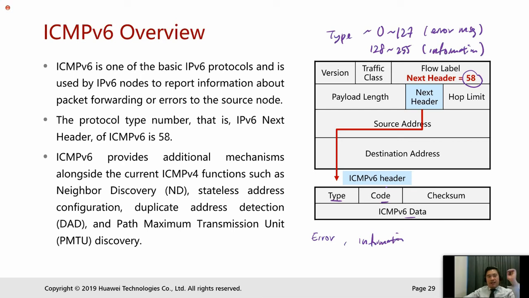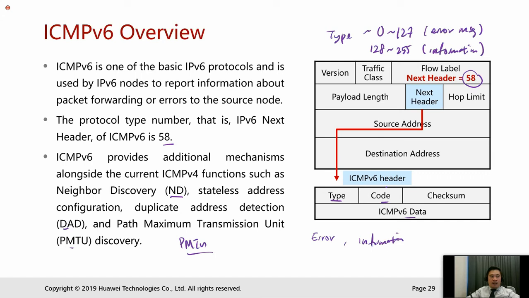For this protocol, as I mentioned just now, the next header is 58 in your IPv6 header. Inside ICMPv6, they use functions such as ND, neighbor discovery, stateless address configuration, DAD, as well as path maximum transmission unit, the path MTU, from one end to the other.